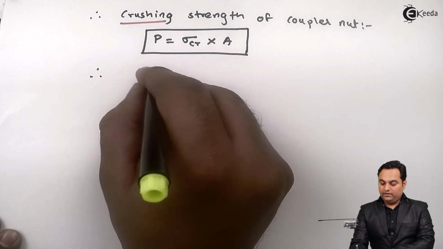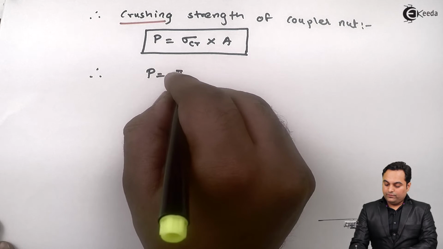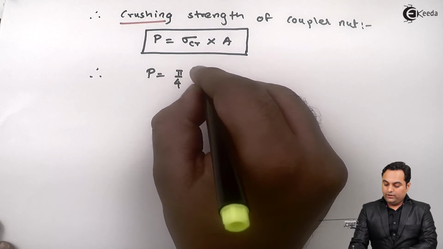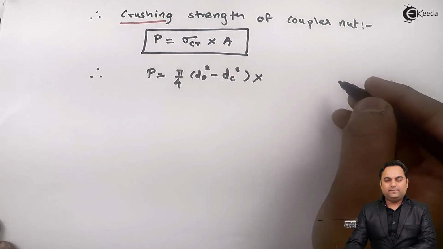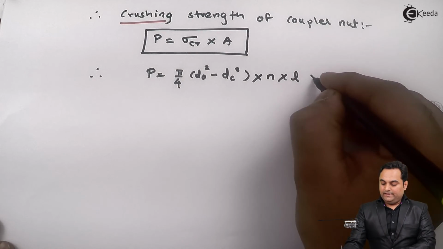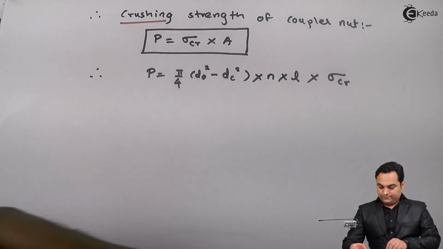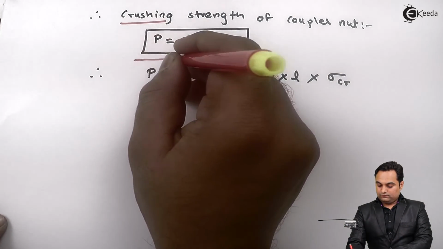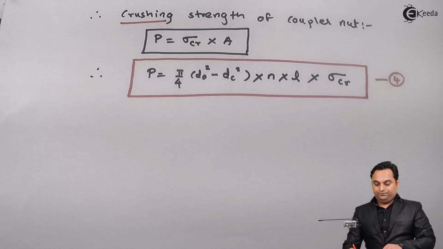So, therefore, P is equal to area, pi by 4 DO square minus DC square. Now, in this I will multiply by small n, into small l, into sigma CR. I will explain what these terms are. This will be equation number 4 for us.